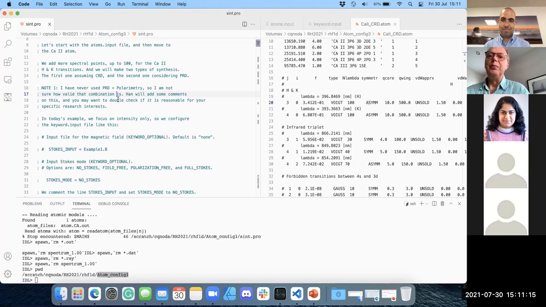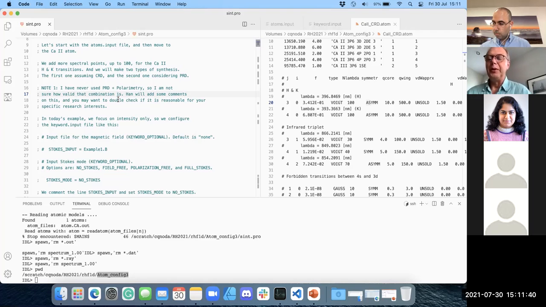So I would be a little hesitant to do polarimetry inversions with PID in the calcium H and K lines. Typically, when you do polarimetry in 8542, you should still do PID in the H and K lines, because it does influence the populations.